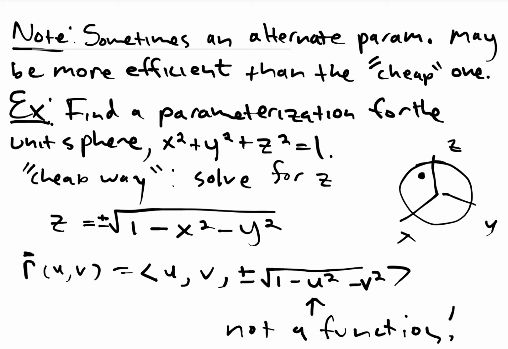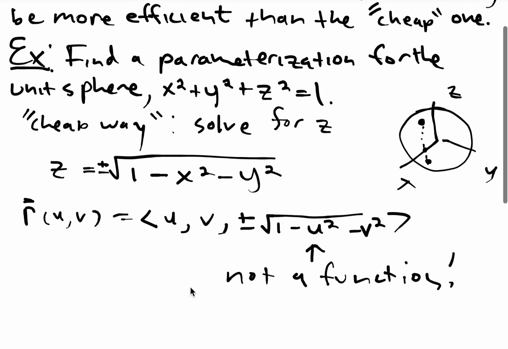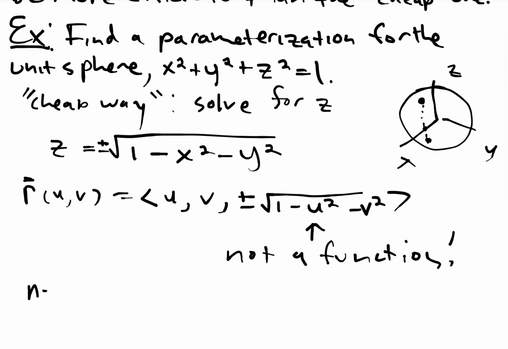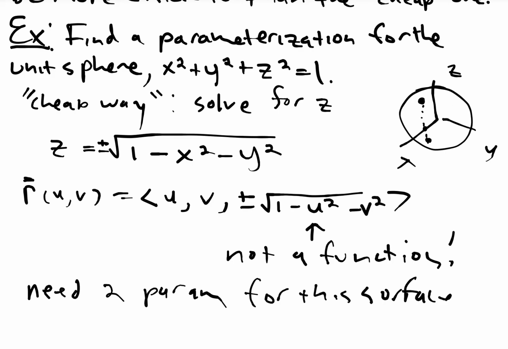Any point that I've got up here, if you drop a vertical line through, there's a corresponding point immediately below it. So, if I just had the top half of the sphere, that would totally be a function. If I just had the bottom half of the sphere, that would totally be a function. You would actually need 2 parameterizations for this surface with this technique.